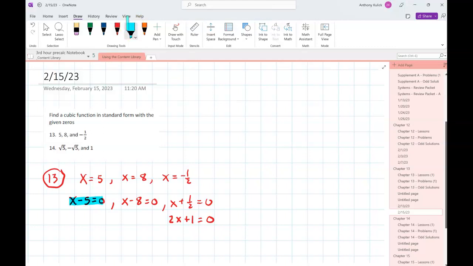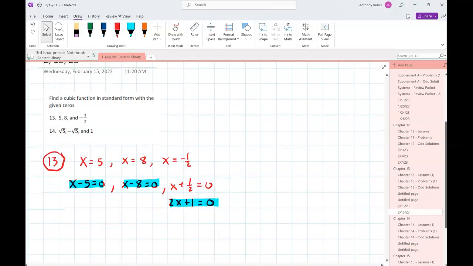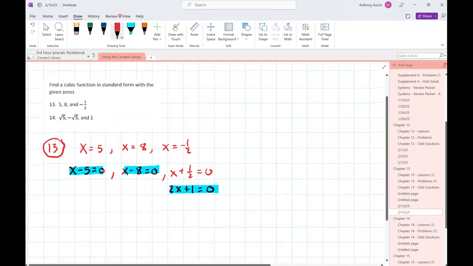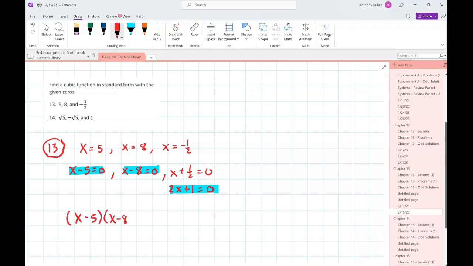So each one of these three equations has to be a factor for my polynomial, right? If those are going to be solutions. So I'm going to multiply the left-hand sides of each of those equations together, and I'll multiply the right-hand sides together.